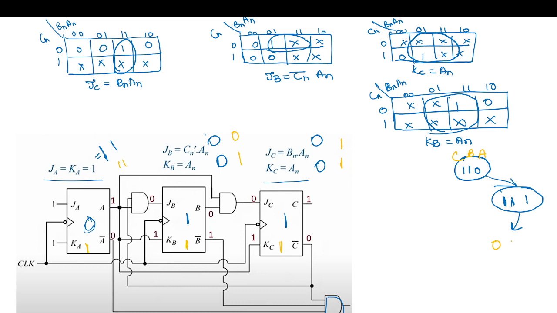B will be reset and this will toggle. So you can see this is a lock-in state, but we did not consider it in design. Okay. So is this clear?